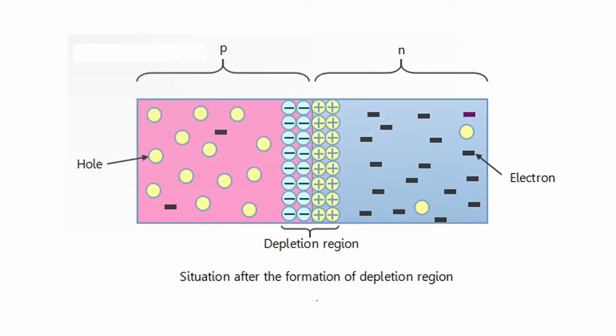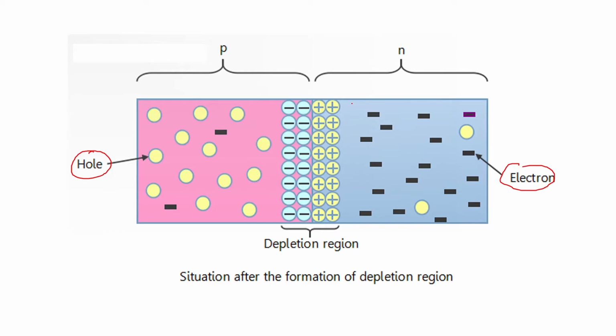Now here you can see the depletion region, whatever we have told earlier. This is your p-type semiconductor shown here. These are holes which are majority charge carriers in p-type semiconductor. Similarly, you can see electrons which are majority charge carriers in n-type semiconductor. When electrons move into the p-type semiconductor, that is called diffusion, and when holes move into the n-type semiconductor, that is also called diffusion.